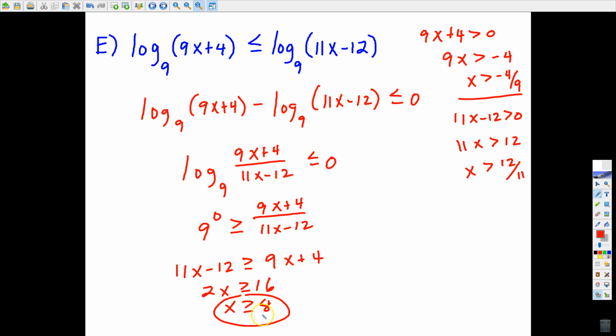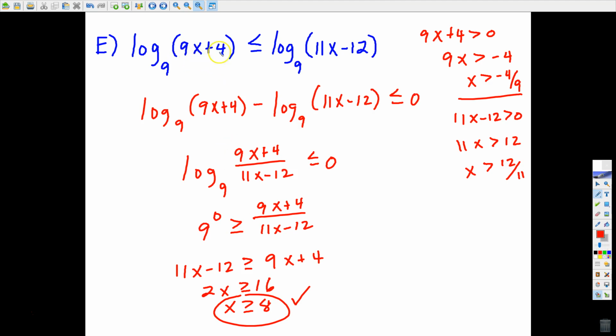Well, our overall solution, we came up with numbers that are bigger than 8. Well, that definitely satisfies, let's just take for example 9. Well, 9 is definitely bigger than negative 4/9 and it's bigger than 12/11. Any number 8 and above satisfies each of these. So we can just let this be our final answer. All the numbers greater than or equal to 8.